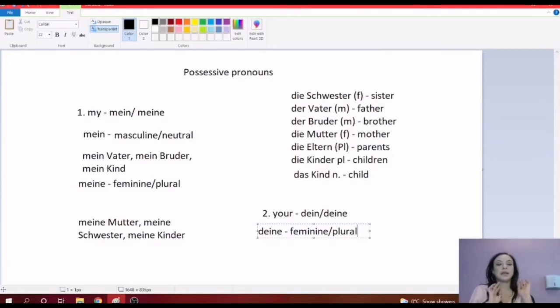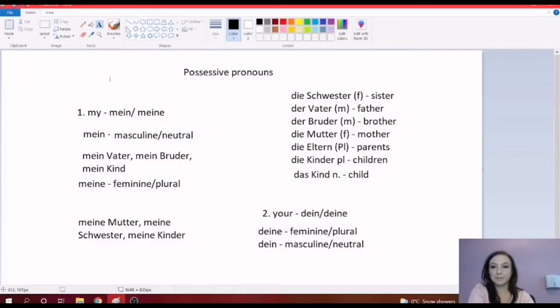So it would be deine Schwester, deine Mutter, deine Eltern, okay, like your parents and so on, and dein for masculine or neutral nouns. So dein Kind, dein Vater, dein Bruder, and so on.